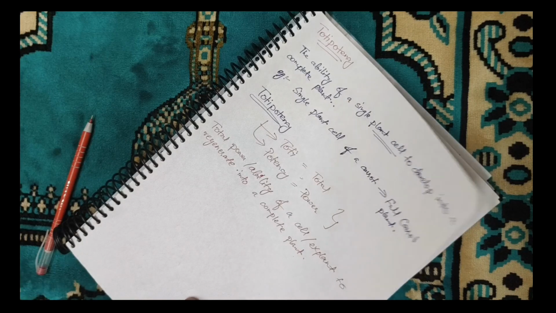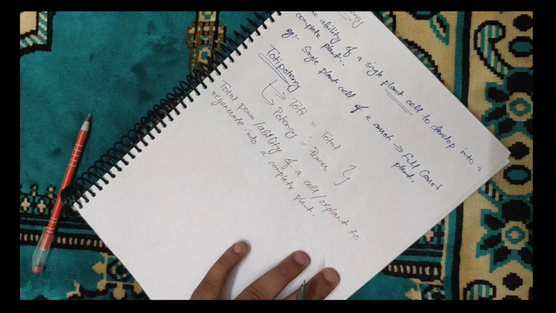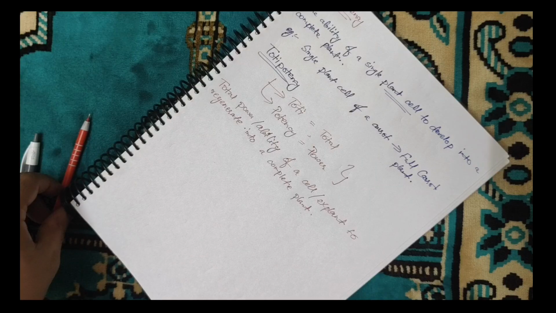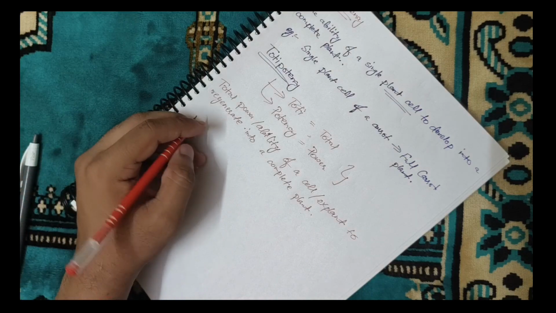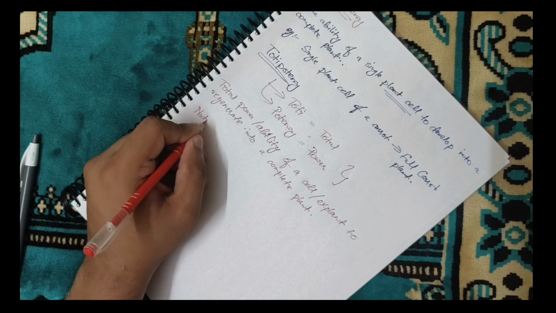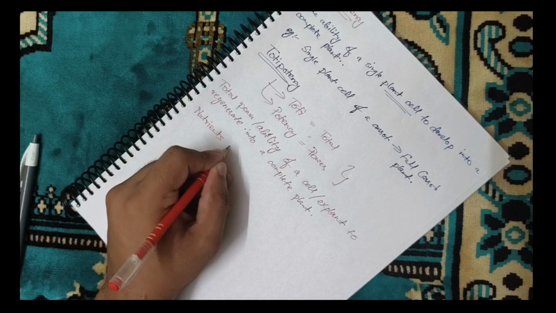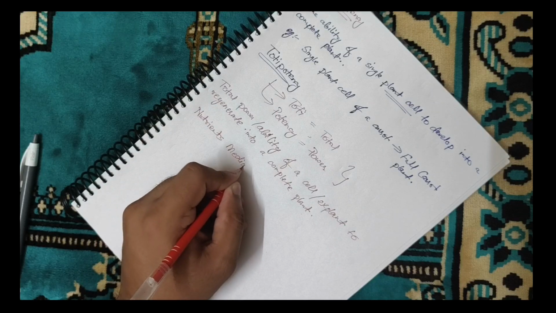Now, the important factor required to understand how all these biotech processes take place in a sterile condition along with artificial nutrients is that we also need to understand what nutrient media are required.